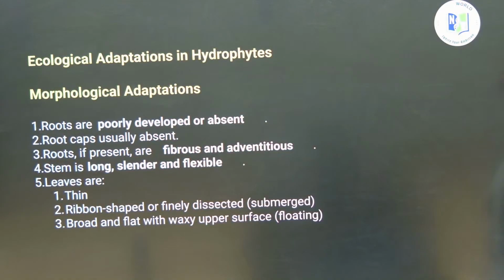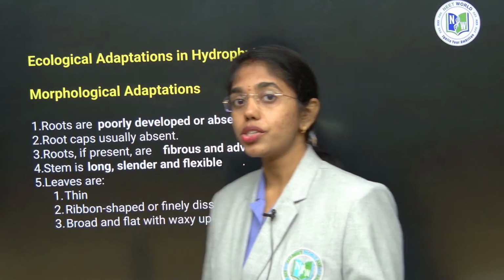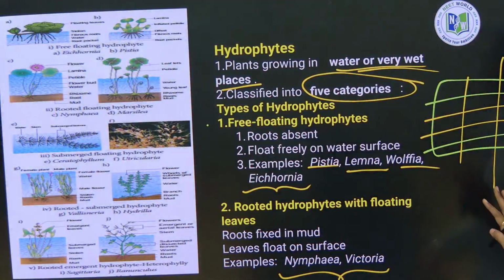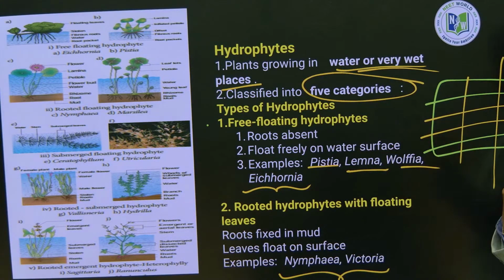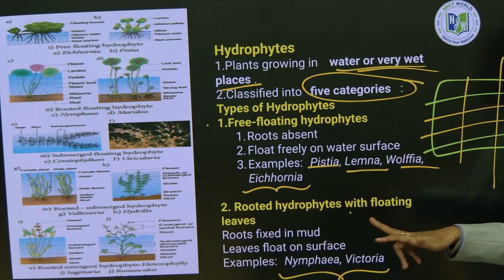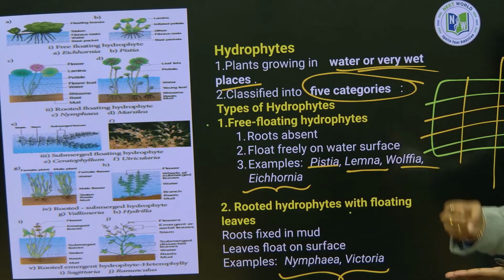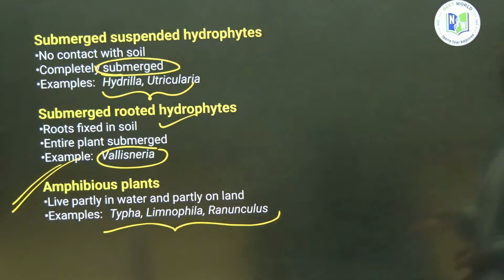Now, what are the ecological adaptations? We have to learn both morphological adaptations and ecological adaptations. I hope you have got these terms properly. Free floating hydrophytes: roots are totally absent here, they will float freely on the water surface. Rooted hydrophytes with floating leaves: roots are fixed in mud, they will have long stems and the leaves will float on the surface of water.